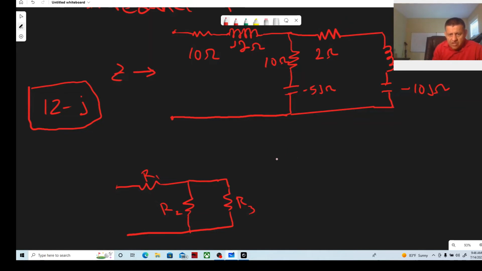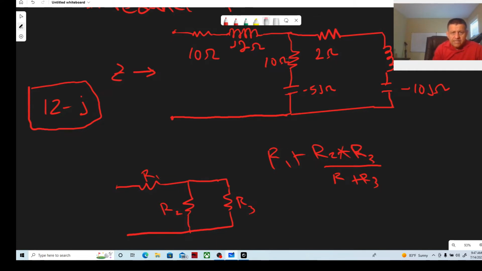So the combination of the circuit would be R1 plus R2 times R3 over R2 plus R3. Actually, the denominator should be R2 plus R3.